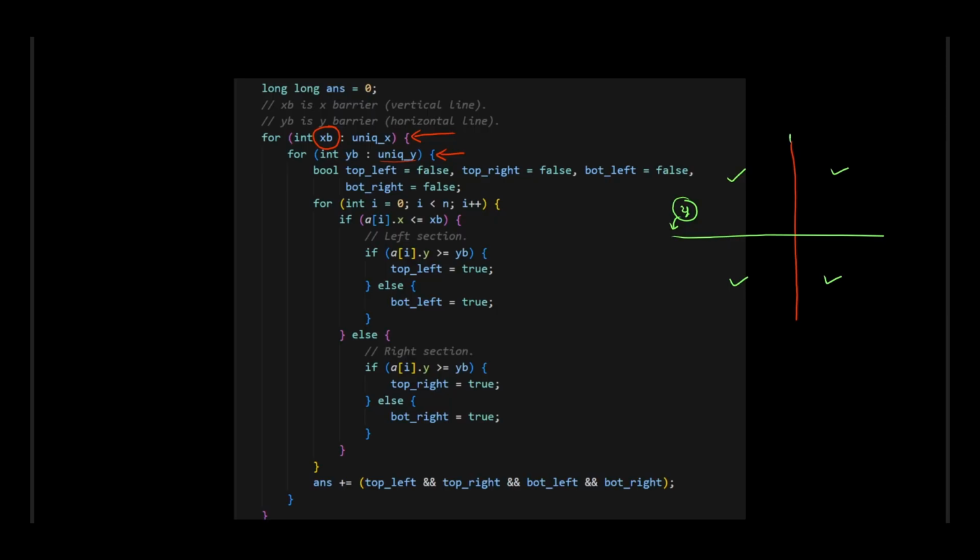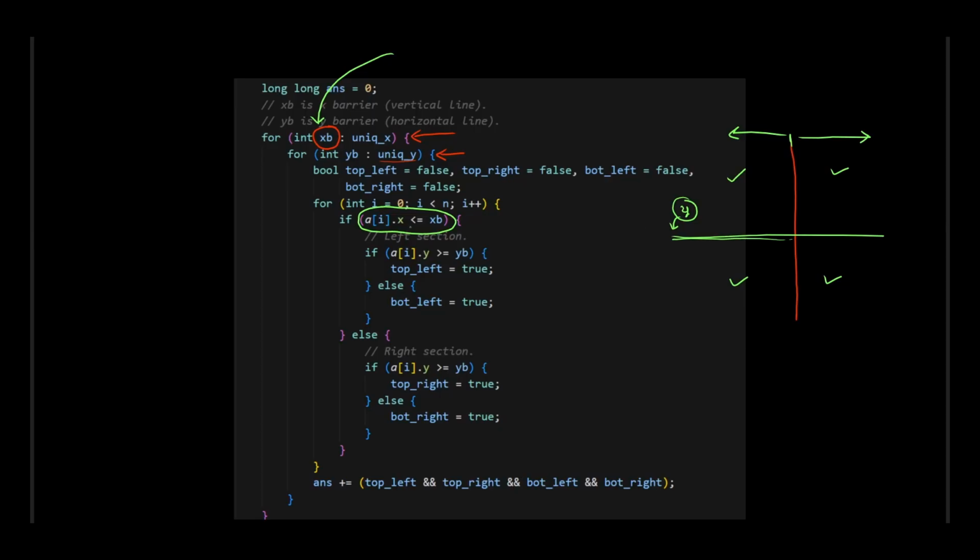So first, how do you decide if the point will be in the left region or on the right region? Since you have already decided to use the barrier as xb, then any point whose x coordinate is less than or equal to xb will be in the left half. So that's why you iterate over all the points, and if the x value is less than or equal to the barrier.